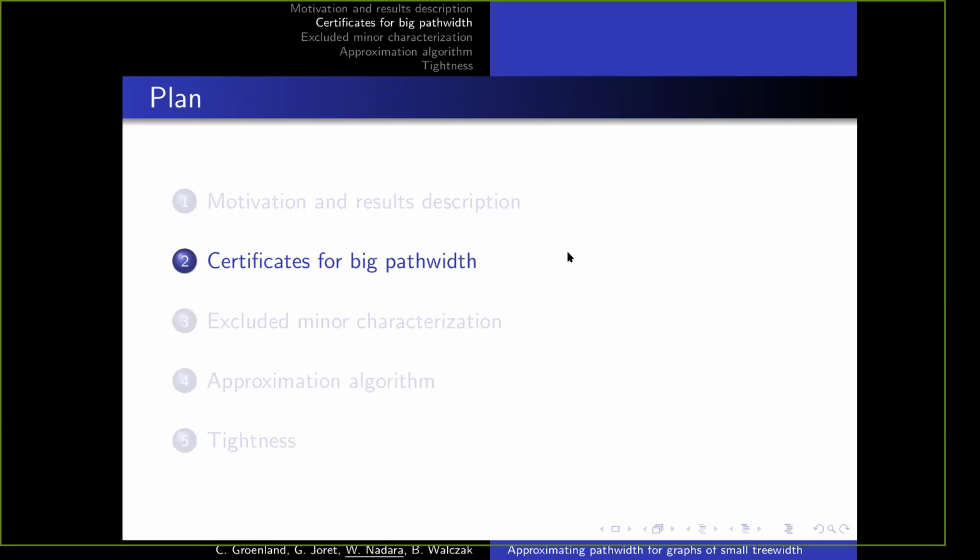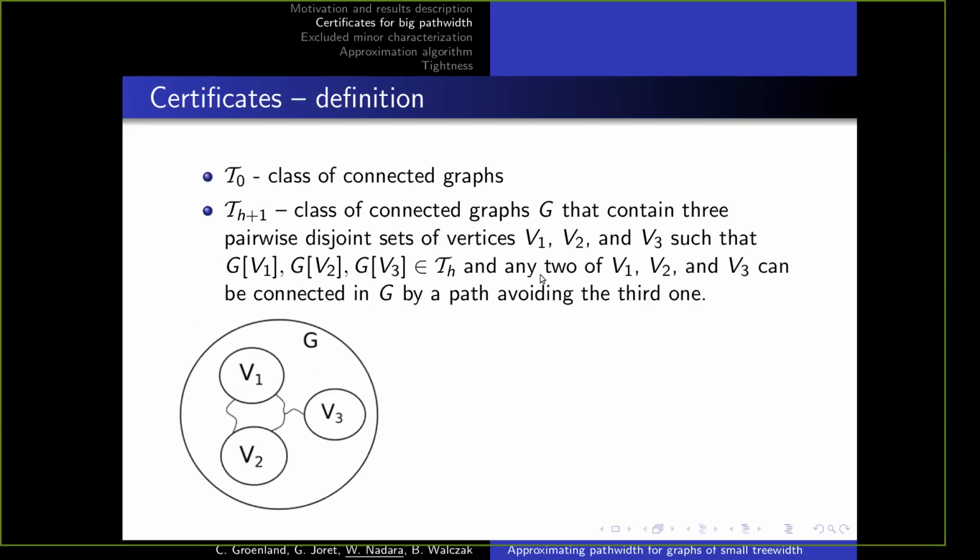Okay, I mentioned in the description of our approximation algorithm these certificates for big pathwidth. However, they will already be crucial for proving this excluded minor theorem as well. So I will introduce them now. We define a sequence of classes of graphs.